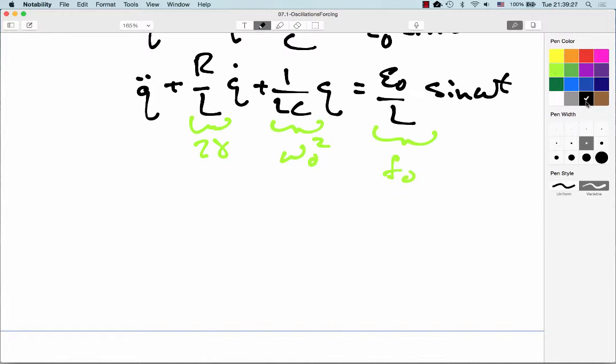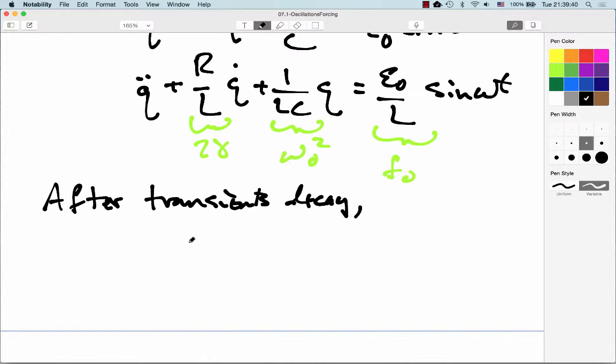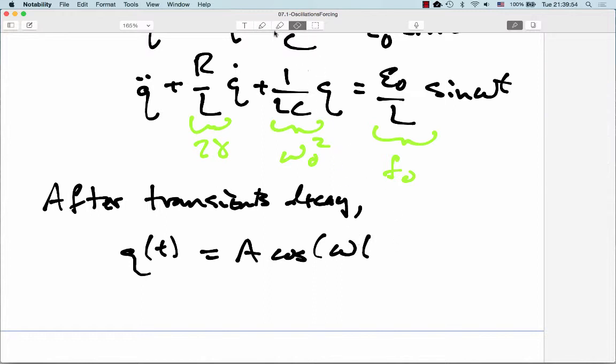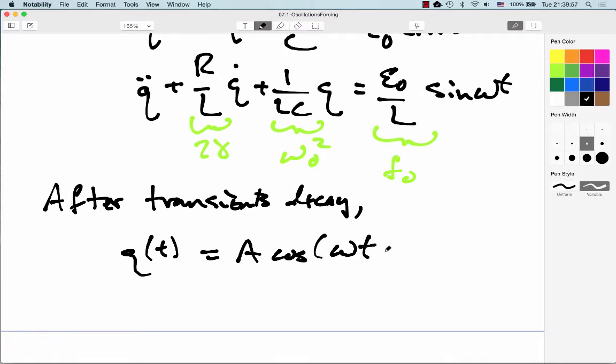So we start it up. There's going to be transients, but we're going to let the transients decay. So after the transients decay, our charge on the capacitor as a function of time is going to be A times the cosine of omega t minus phi.